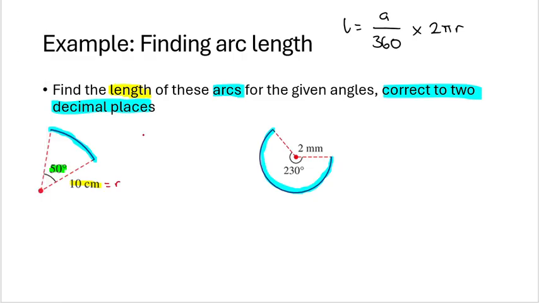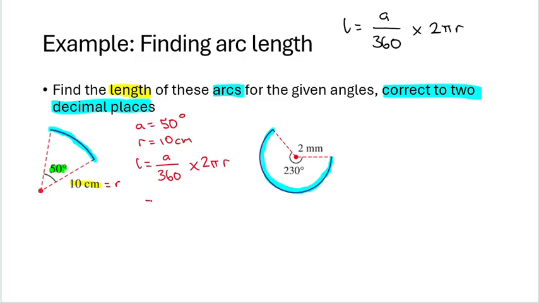So let's just go do it. I like to write out what I've been given. So we know A equals 50 degrees, R equals 10 centimeters. Now we just apply this formula here. So L equals A over 360 times 2 pi r. Now we're going to substitute the values of A and R into our formula.